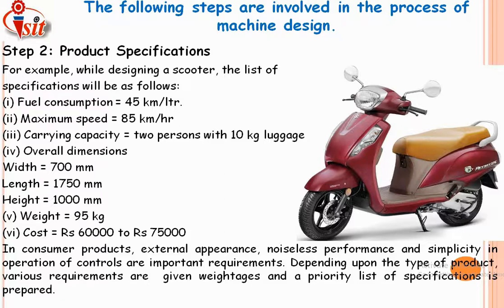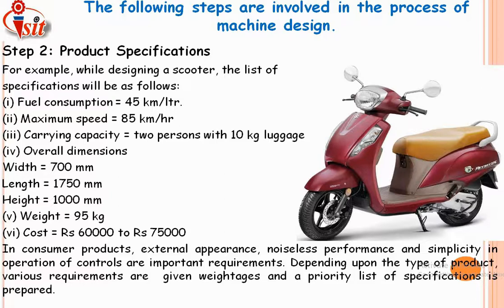These are some important parameters that need to be considered while designing any component. We have to first of all decide the product specifications, and by considering the specifications, you design that component.